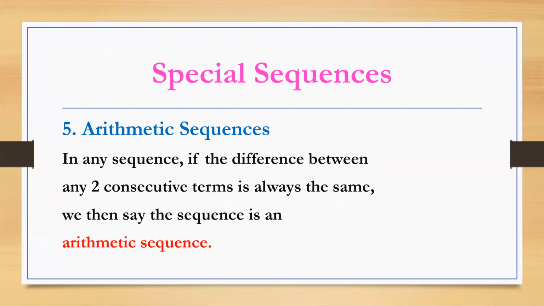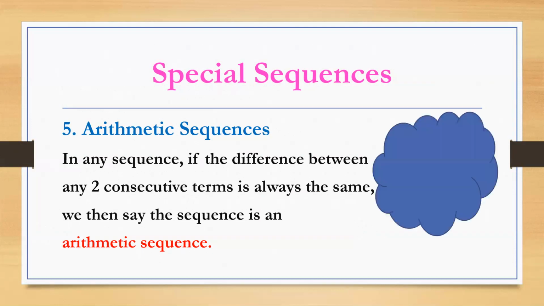I repeat, if the difference between any two consecutive terms is always the same, then the sequence is called an arithmetic sequence. Remember, a sequence is, in fact, a list of numbers which obey a certain rule.